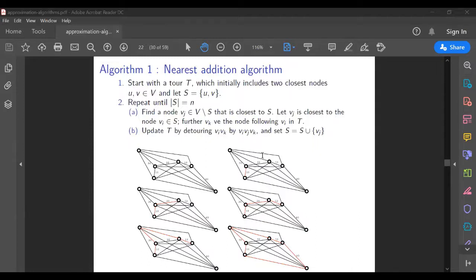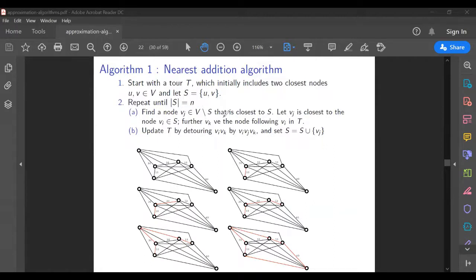We start with a tour T, which initially includes the 2 closest nodes, u and v, belonging to V, and put them in S. Among these edges, whichever has the lowest cost, we choose that. Then we repeat until the number of nodes in S is equal to n.